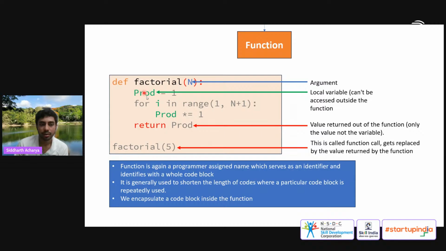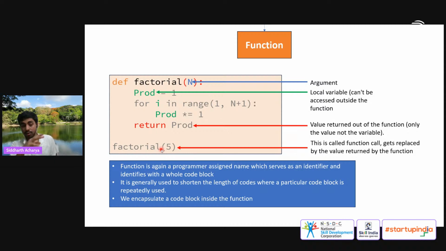So this prod, at the end of this entire loop, should be storing 120. So this function factorial of n is returning 120. When Python executes this code, it would simply erase this and in place of it place 120. Erase is kind of a very crude word. Execution involves replacing factorial 5 by 120.